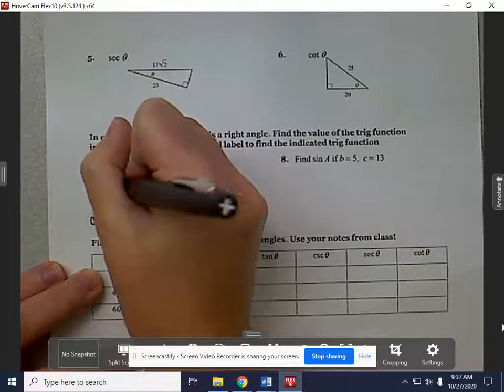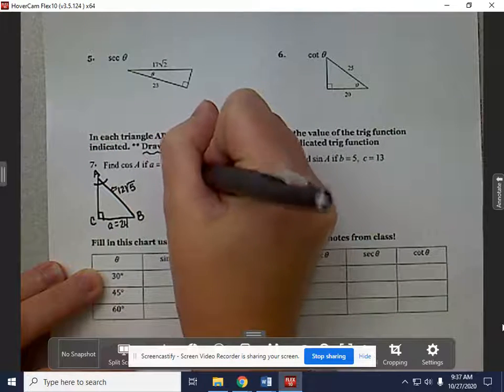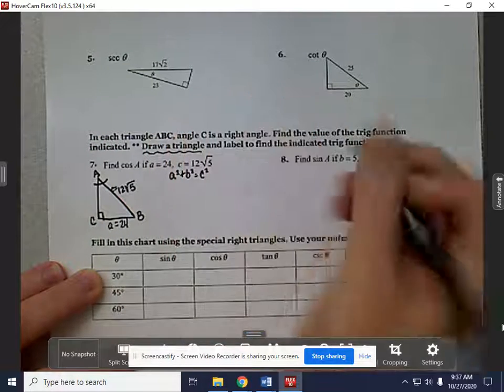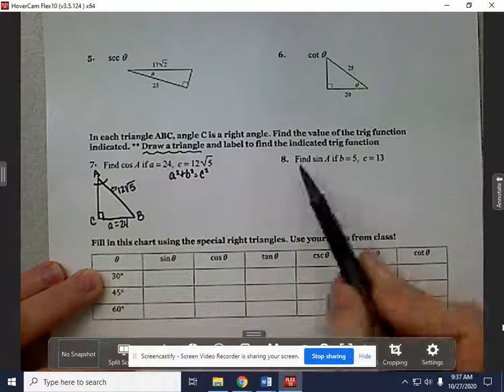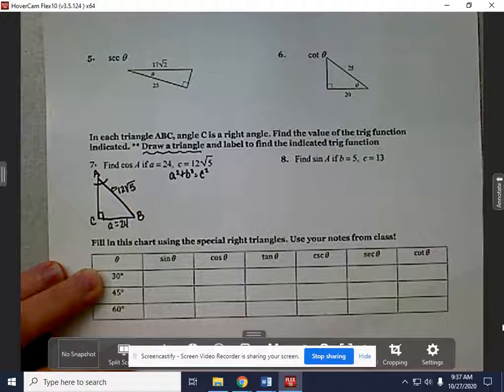I will have to use Pythagorean theorem, a squared plus b squared equals c squared, to find your missing side and then plug in.